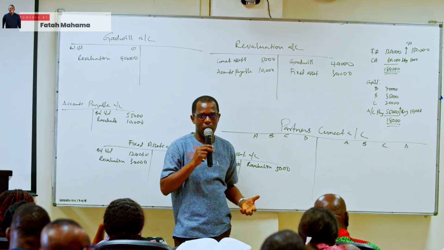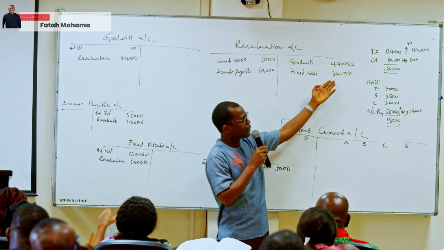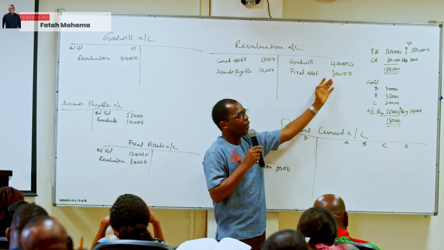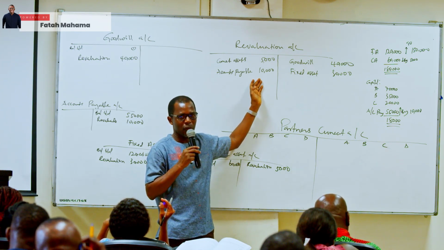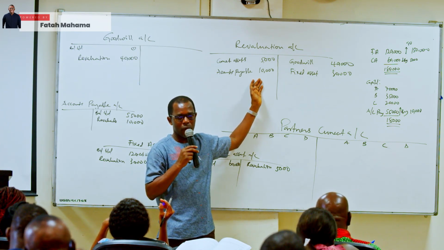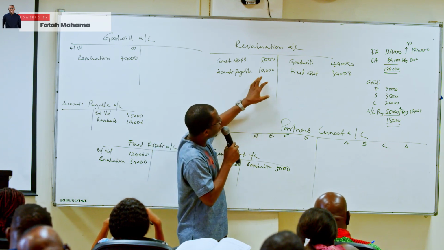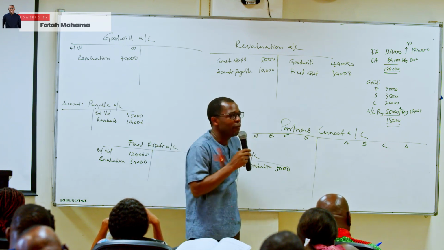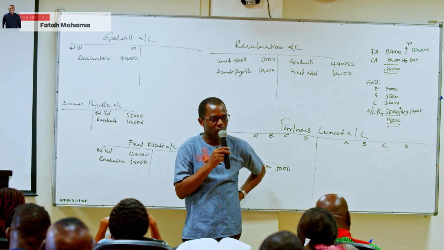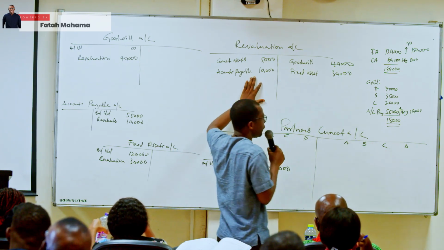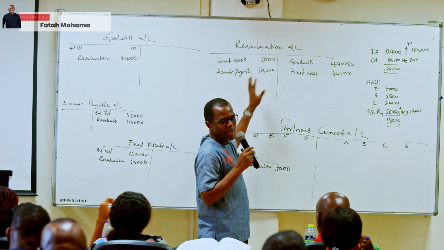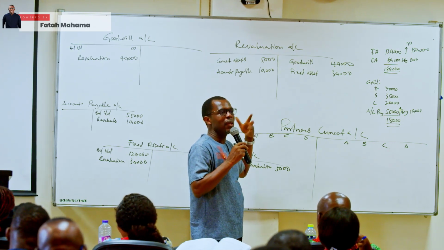Are you together? So we know that they have gained 70,000 and they have lost 15,000. Are we together? So technically speaking, they have gained 55,000. Is that not it? But they gained 70,000 and they lost 15,000. So the net impact is that they have gained 55,000.